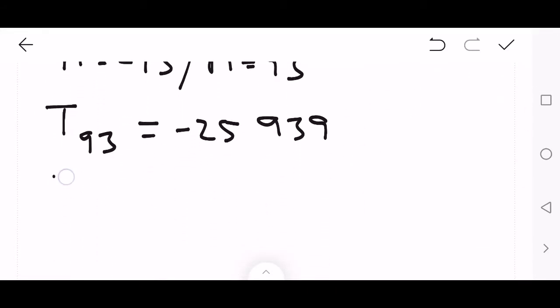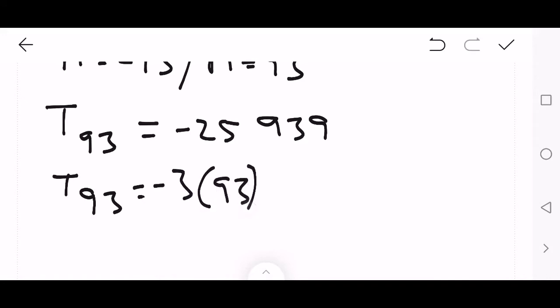So that will be T93 equals minus 3 into 93 squared plus 8. So that will give you an answer of minus 25,939.